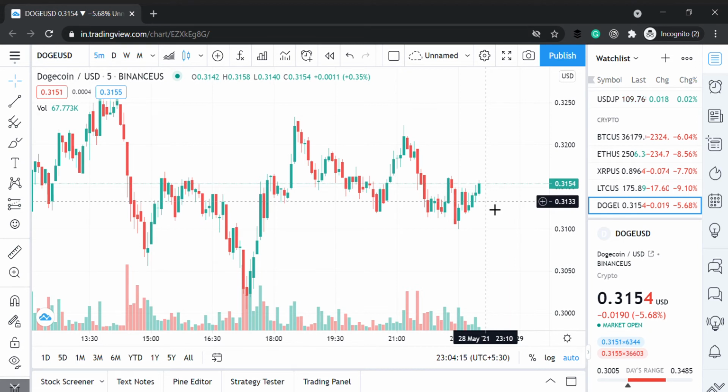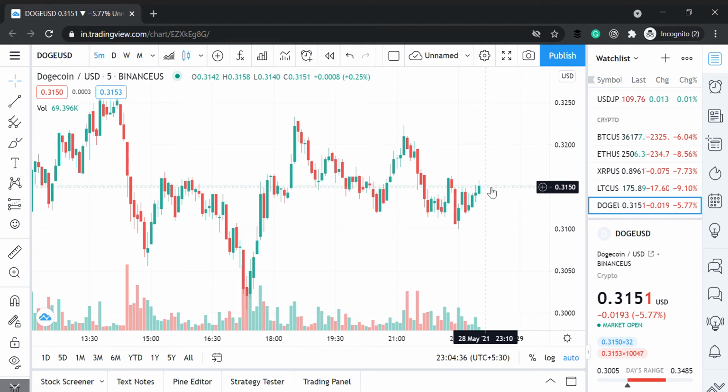Also, another factor that we should consider here is if the price or the volume or the candle closes near the top, that means it's again a bullish candle, or an upward candle.